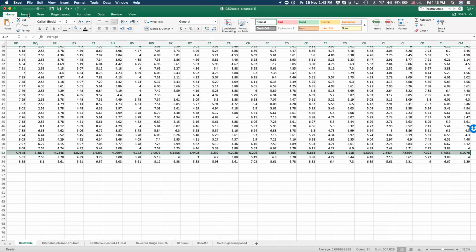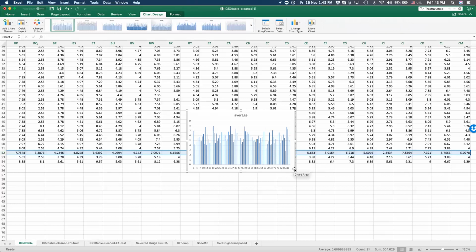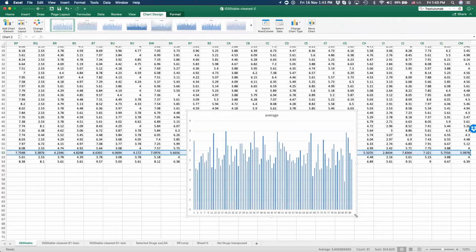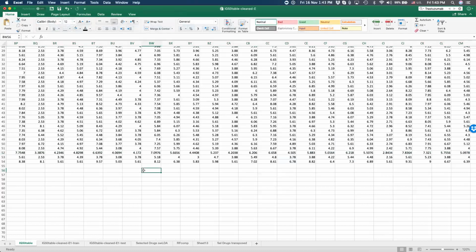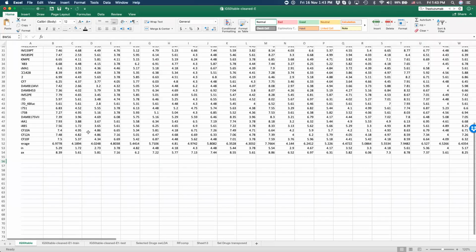So I can look at these summary features, and on average there should be a clear separation, which means I should be seeing some significant differences.